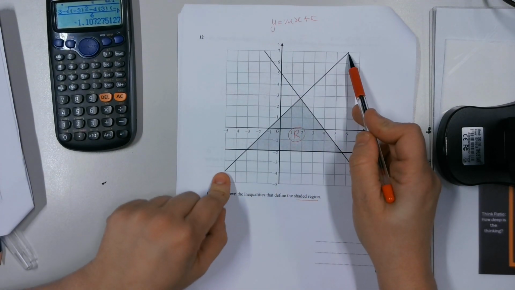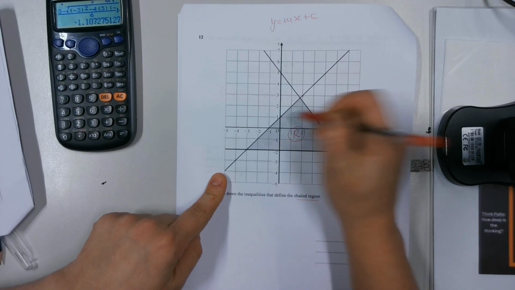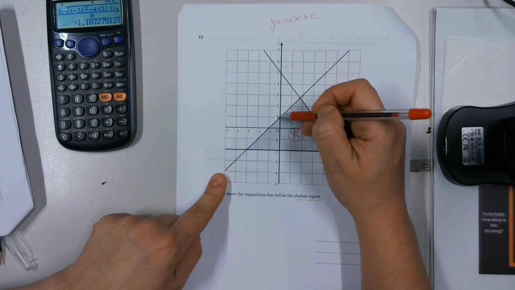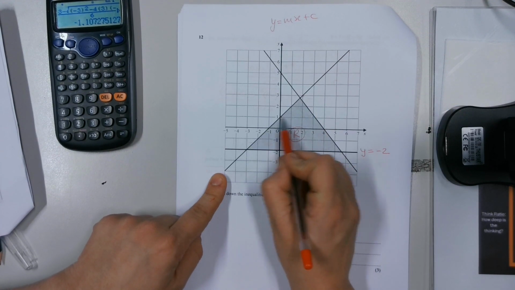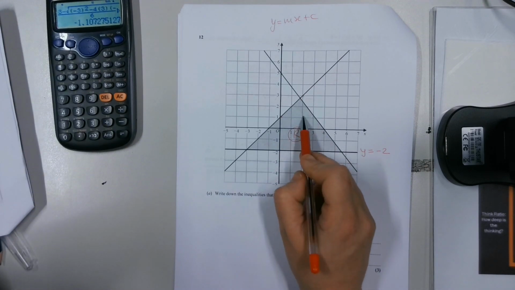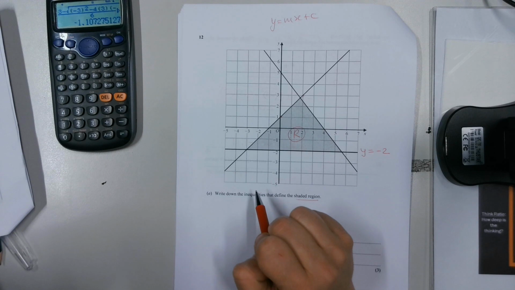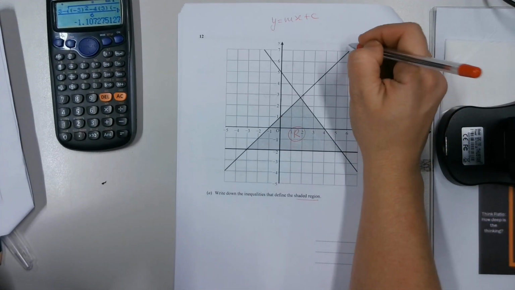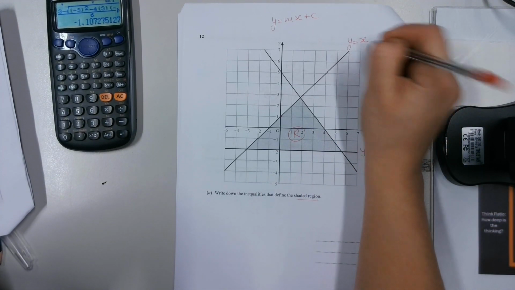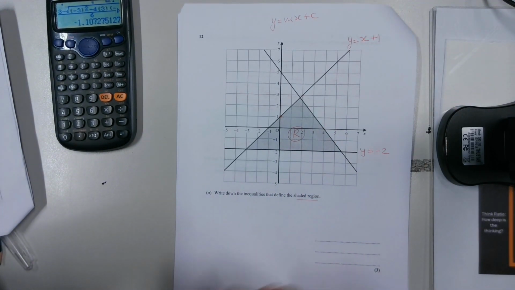For this line, the gradient: well, I pick 2 points, and I see that I'm going up by 2 units every 2 units that I'm going across. And obviously, don't just count squares, focus on the units and the scale in your axis. So 2 every 2, 2 divided by 2 is 1. So y equals x plus the y-intercept, which in this case is 1.